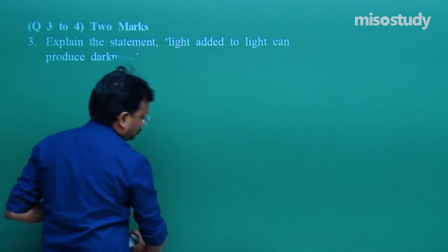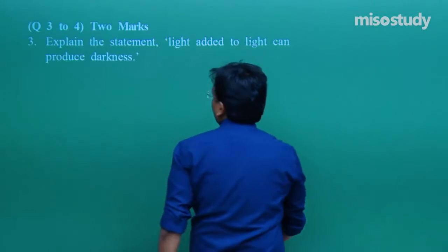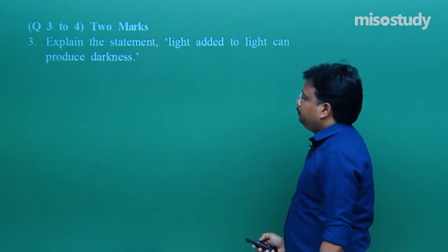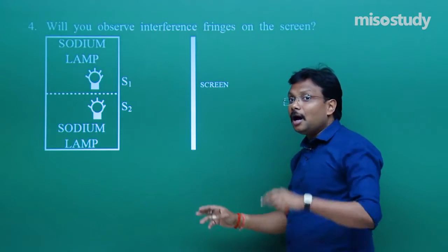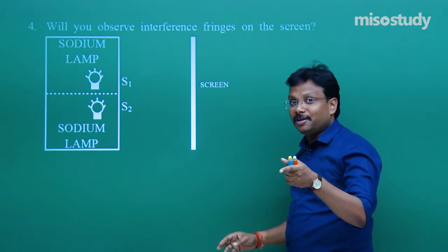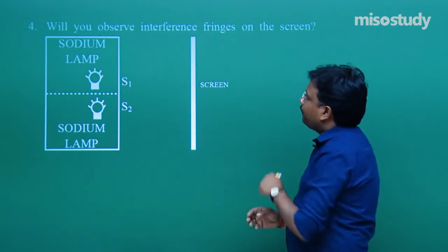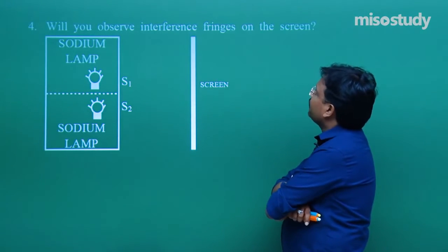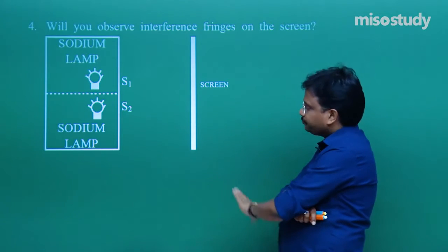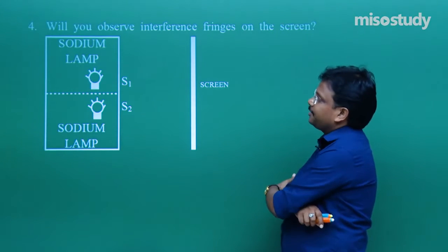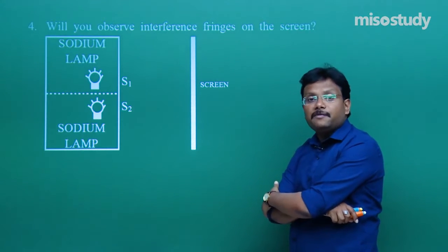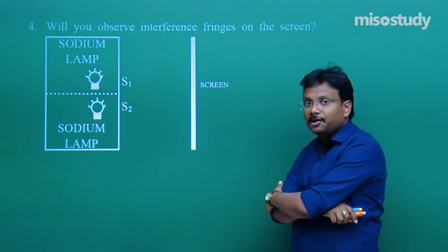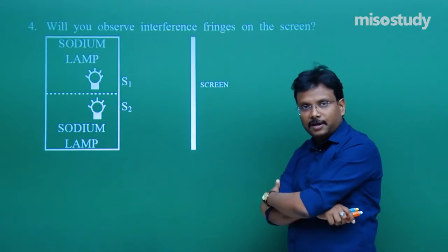Then comes question number 4. This question is associated with question number 3. Will you observe interference fringes on the screen? Now, rather than asking under what conditions you can achieve interference fringes on a screen, here a diagram is given.